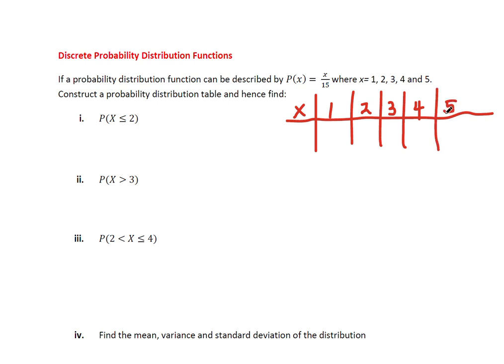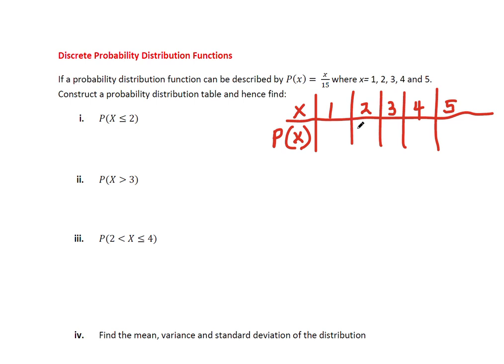So generally, a discrete probability distribution function can be described in the form of a table, where that table lists all the possible outcomes, which are discrete, countable numbers, as well as their associated probabilities, P of x. So here we have our probability distribution function described in the form of a table, where x represents the individual outcomes, 1, 2, 3, 4, and 5, as given to us in the question.